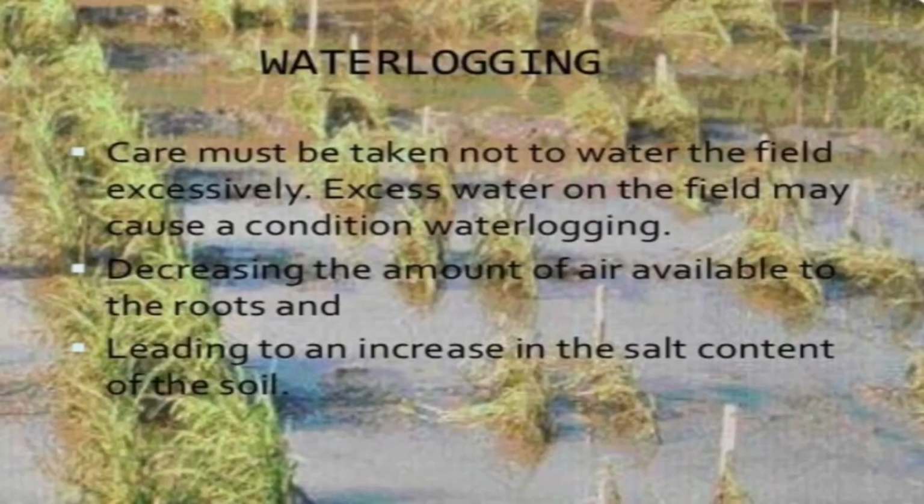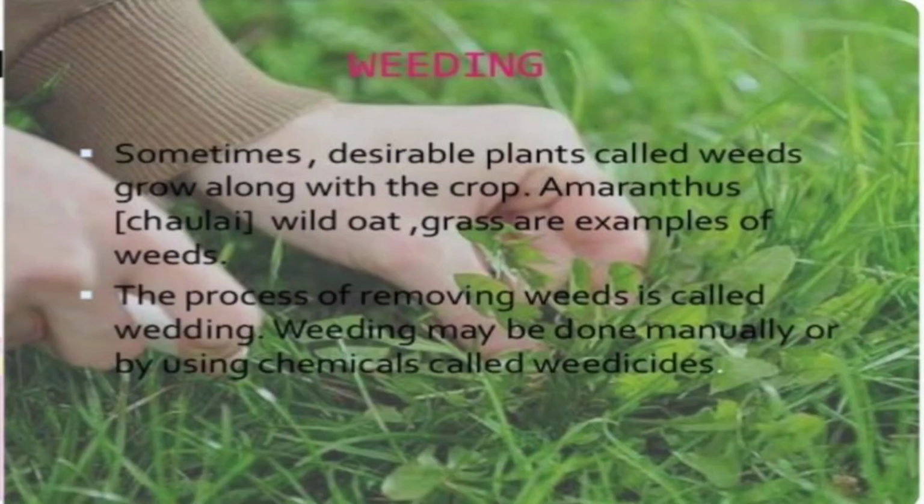Now we're going to do weeding. So what are weeds? The unwanted plants which grow along with the crop are known as weeds. And what is weeding? Sometimes undesirable plants called weeds grow along with the crop, and the process of removing weeds is called weeding.